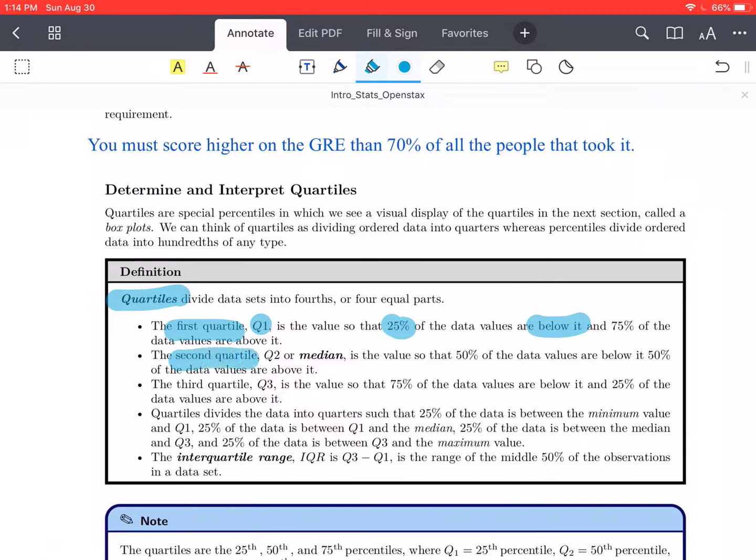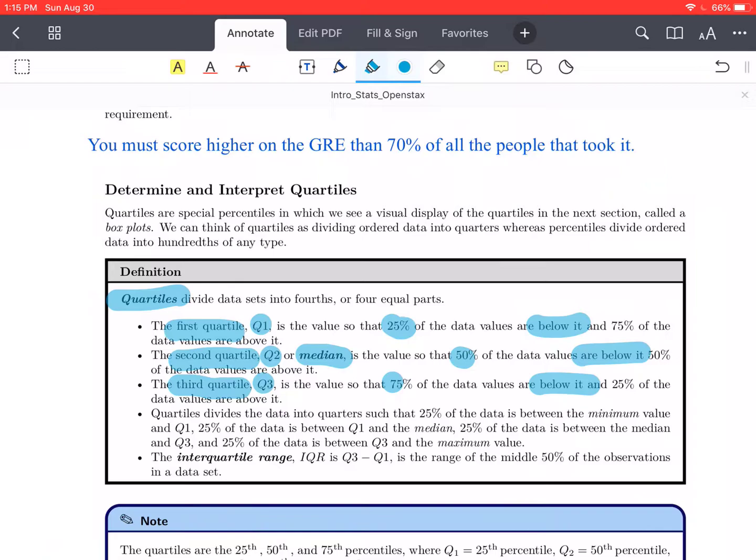The second quartile, or Q2, which is also called the median, is quite literally the middle value, where 50% of the data is below it and 50% is above. And then there's the third quartile, Q3, where 75% of the data is below it and 25% is above it. These are called quartiles because they split the data into quarters, right, into 4 pieces.